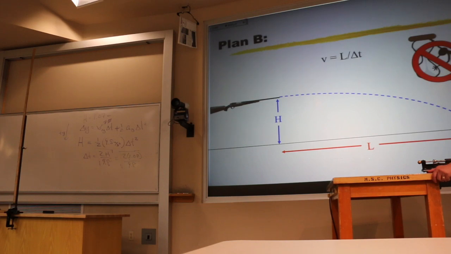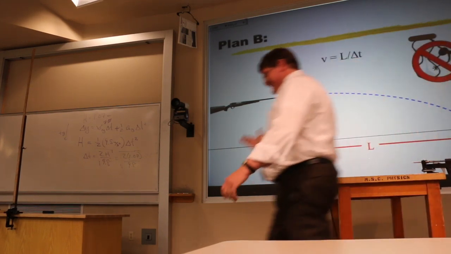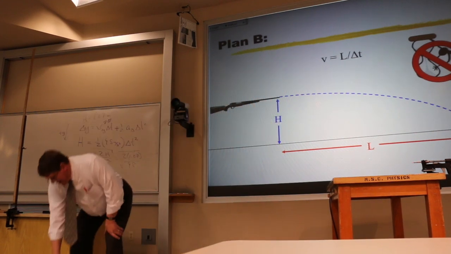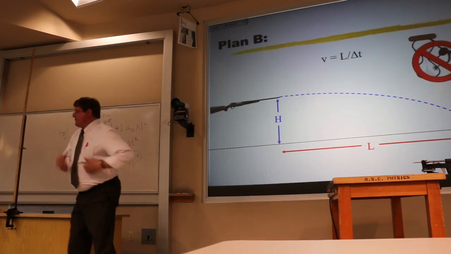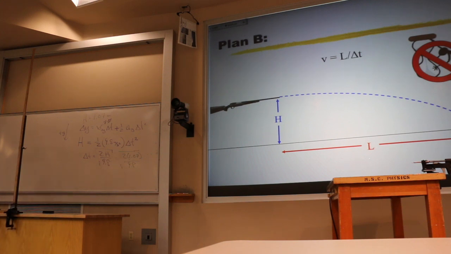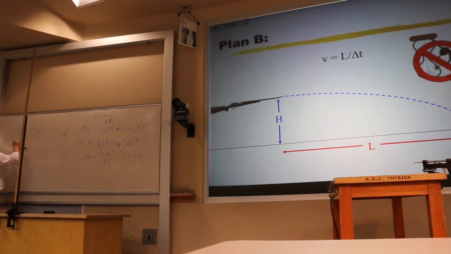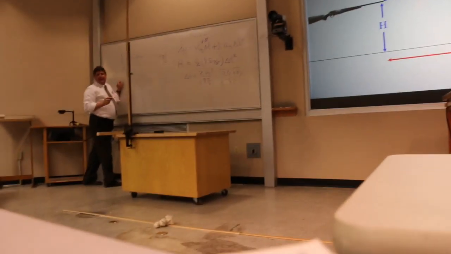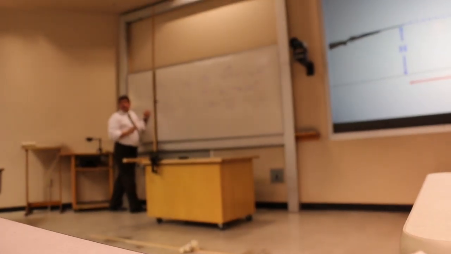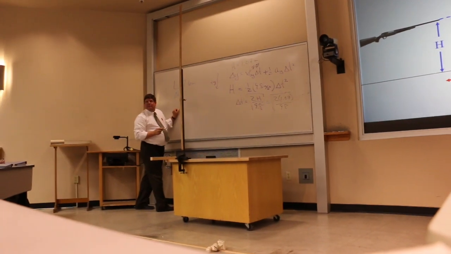Okay. Let's see. Oh, that's some kind of aim. 2.6 meters. So L is 2.6 meters. Delta T is, what did we get? 0.15?